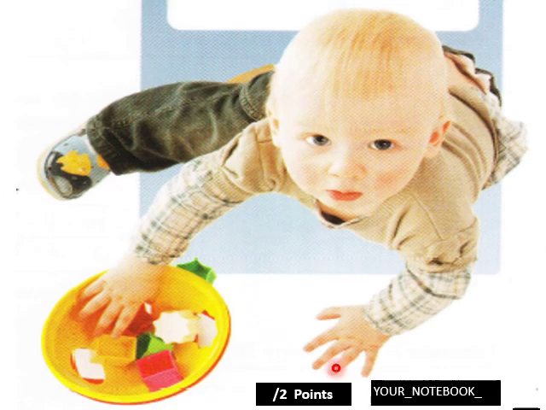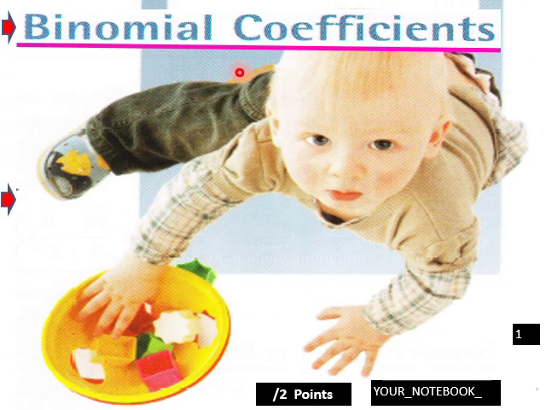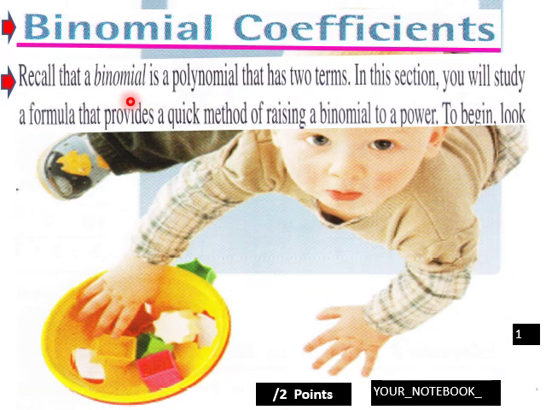Into our lesson today, page 1, we'll go into your notebook here: binomial coefficients. Recall that a binomial is a polynomial that has 2 terms. In this section, you will study a formula that provides a quick method of raising a binomial to a power.